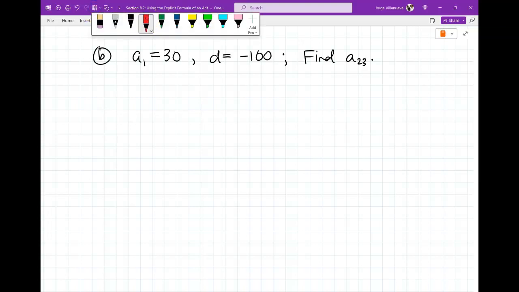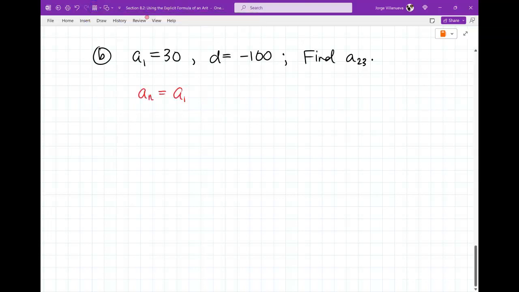So let's start off with the long form formula. I'm just going to write it out here. I know that a sub 1 is 30. I know that D is negative 100. I'm going to distribute negative 100 into n minus 1.